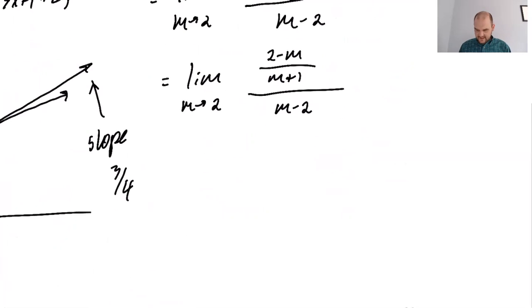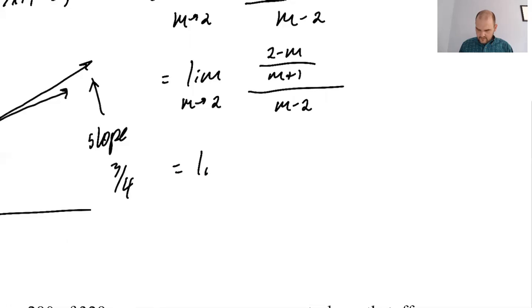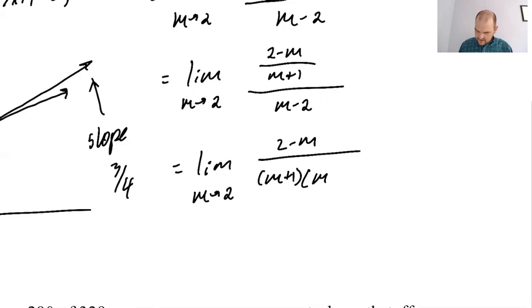Let me simplify that again. Really your algebraic skills have got to be on point, and if they are, you're going to be okay. If they're not, you want to work on that. So 2 minus m over m plus 1 times m minus 2. This is that property that we ran into: 2 minus m divided by m minus 2 is just negative 1.